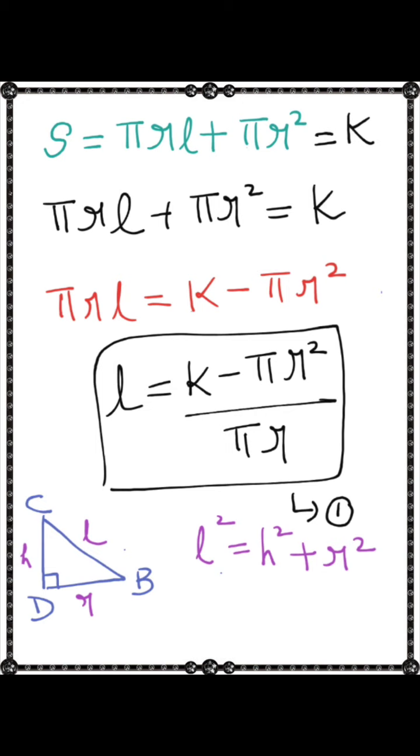But as we don't know the value, we are going to express all variables with respect to one variable, not necessarily r. You can also express slant height and radius with respect to height, or whatever.